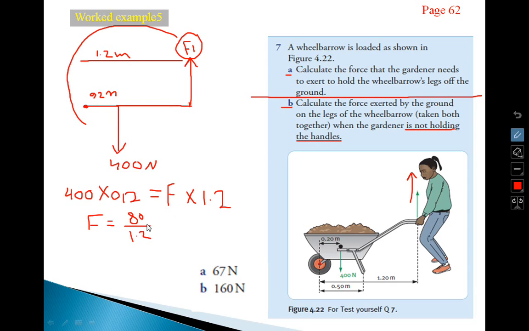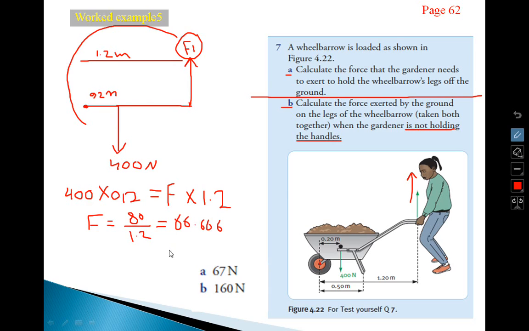1.2 meter. So 400 times this one, and F is equal to force times the distance here, 400 Newton times 0.2, is equal to what? 80 over 1.2 is equal to approximately 6.666.